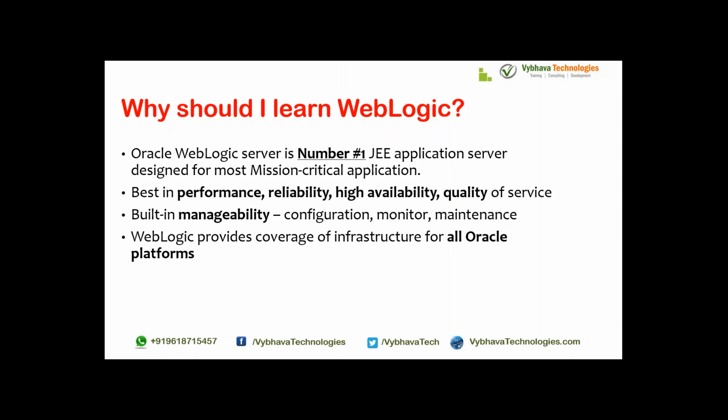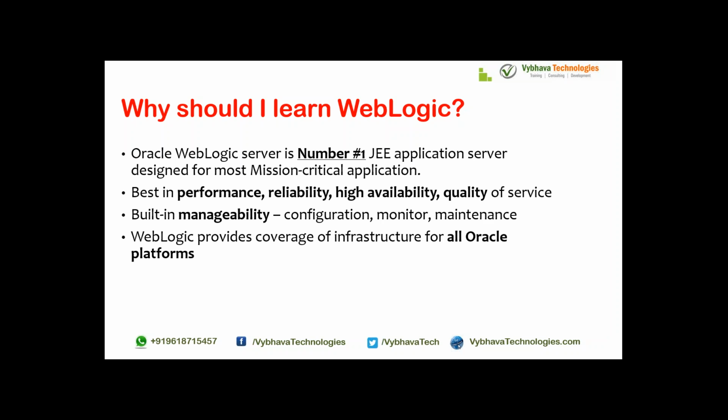So why should I learn WebLogic? If you see the different comparisons, WebLogic is the number one Java EE application server. Previously it was called J2EE, Java Enterprise Edition application servers. These Java application servers are designed for mission-critical applications. Mission critical means not simple applications.